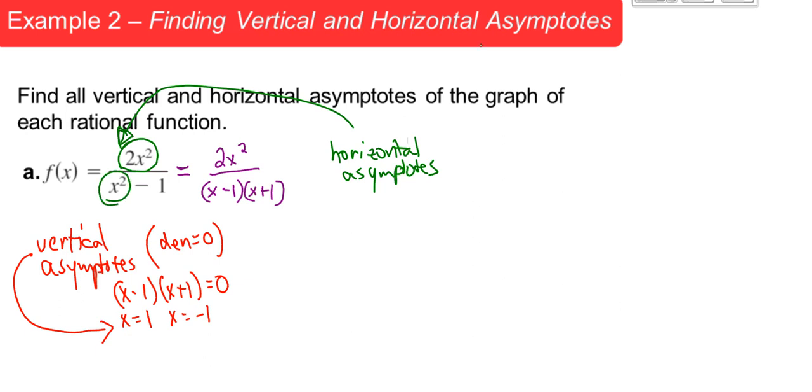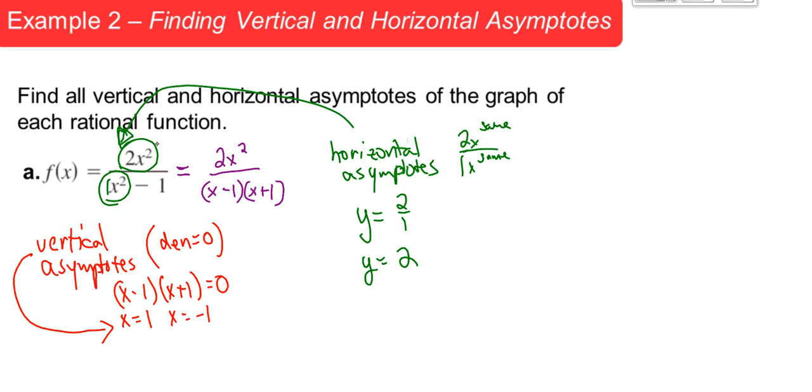So I have 2x to the same power over 1x to the same power. When that happens, our horizontal asymptote is y equals 2 over 1, or just y equals 2. It's the coefficients of each of those leading terms.